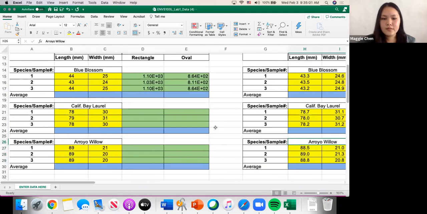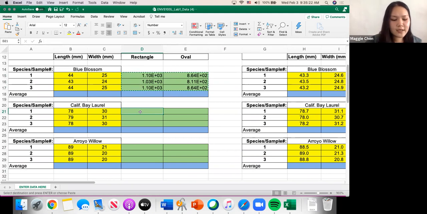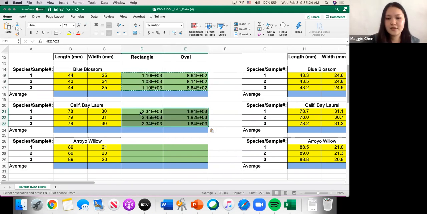Okay. And one great thing about Excel is, again, if you just select these cells and Command C, copy them, you're copying all of the formulas that you've already put in. And you can just click on the next cell that you want to put those formulas in, and then Command V to paste. And they would just do those calculations for you, so you don't have to keep on typing them in again and again.